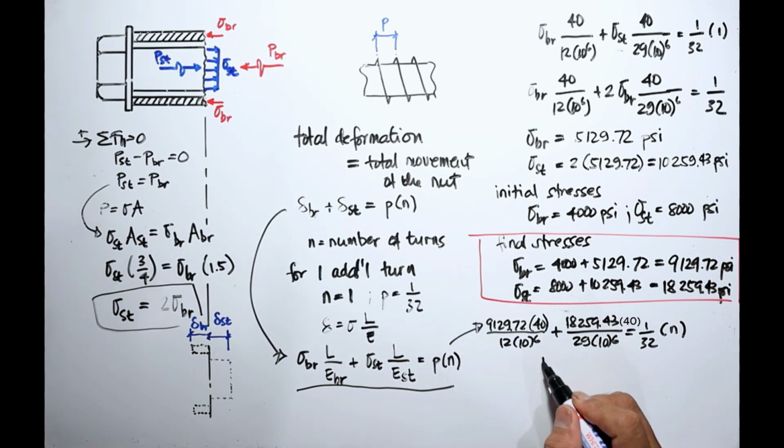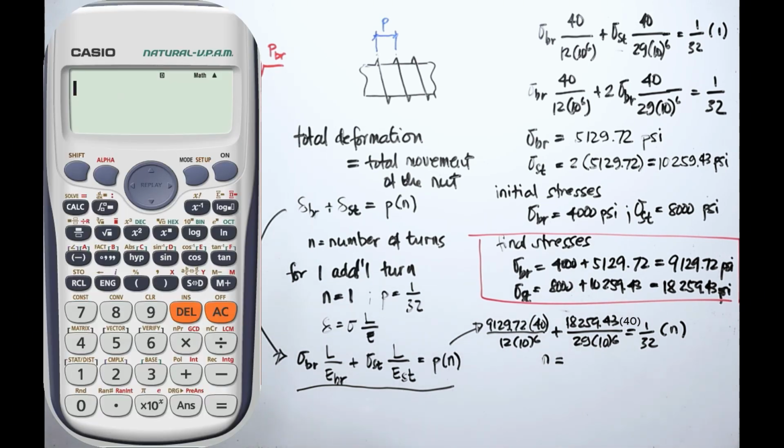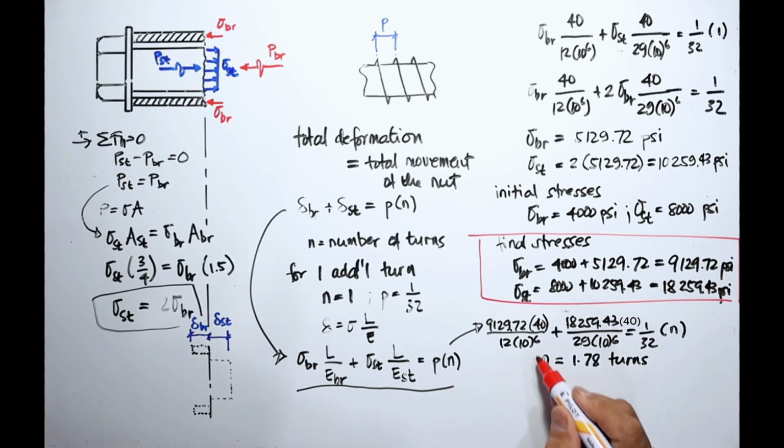We can solve N. That's equal to 9,129.72 times 40 divided by 12 times 10 to the 6 plus 18,259.43 times 40 divided by 29 times 10 to the 6, times 32, equals 1.78 turns.